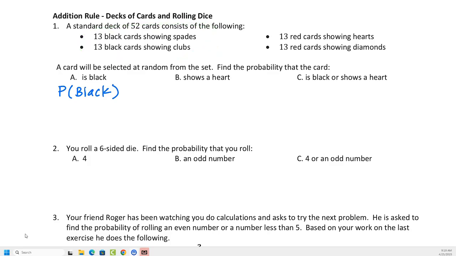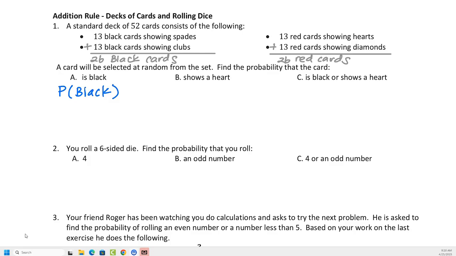If we add those together, you can see that you have 26 black cards. And just in case they ask for it, this would be 26 red cards.